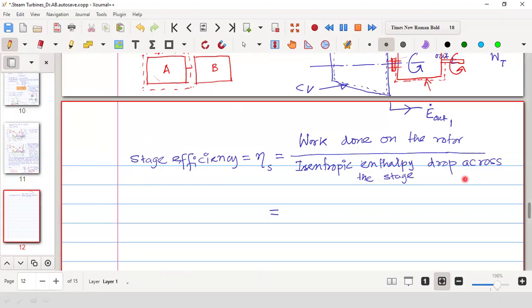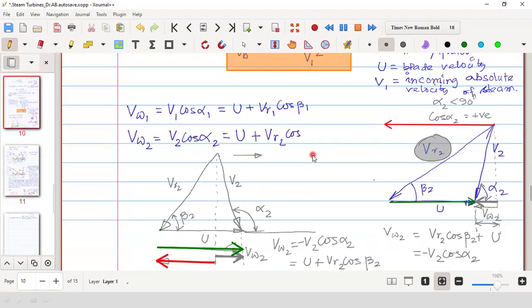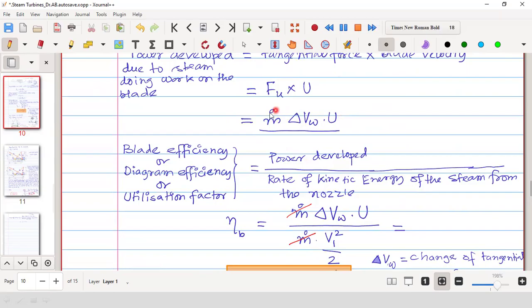Okay. Now therefore, what is there? What is the work done on the rotor, that we have just seen. That is the rate of power developed. That is the work, right?